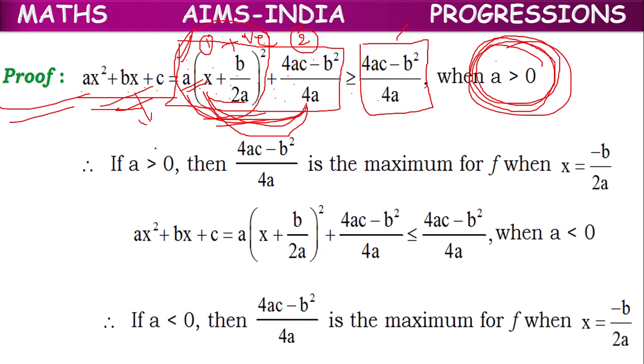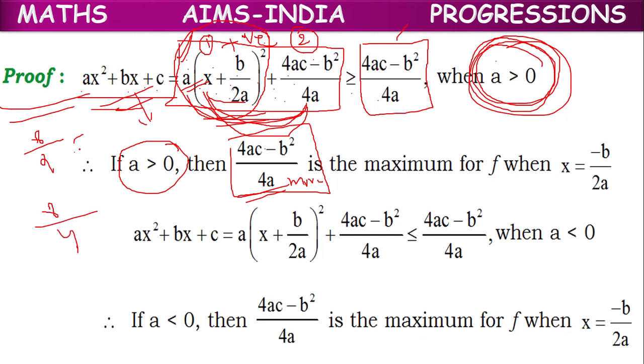Suppose a is greater than 0. If the a value is more, if we divide the numerator with a more value, the resulting value will be less. In fractions, suppose we have 8 by 2 and 8 by 4. What is the 8 by 2 value? 4.